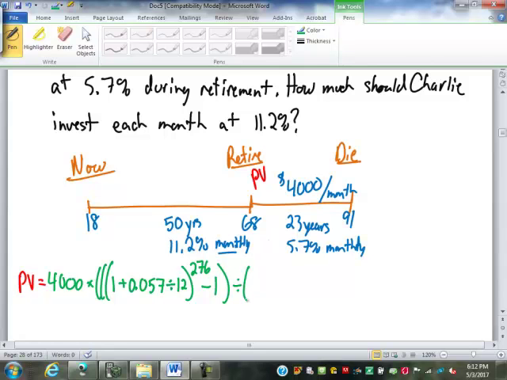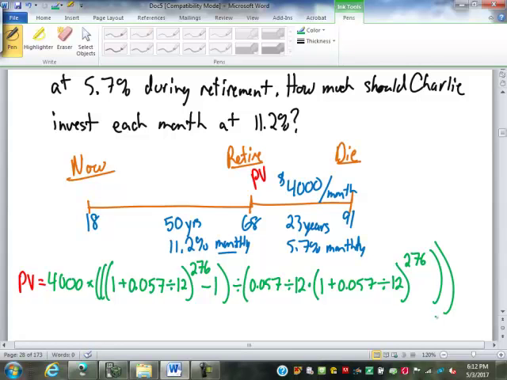Then we're dividing by 0.057, 0.057 divided by 12, and then we're multiplying, and then we're doing another set of parentheses. 1 plus 0.057 divided by 12, parentheses, 276, and then 2 parentheses.